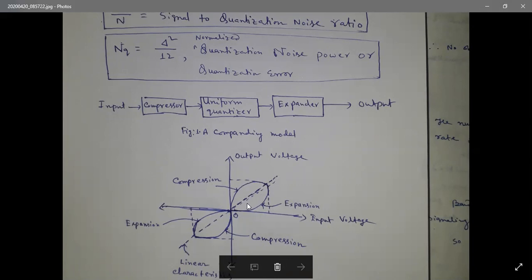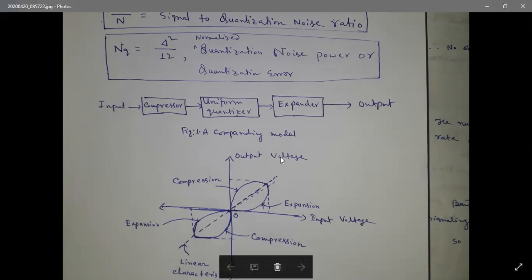Here, due to the inverse nature of the compressor and expander, the overall characteristic of the compander is a straight line, represented by the dotted line. This indicates that all the boosted signals are brought back to their original amplitude.